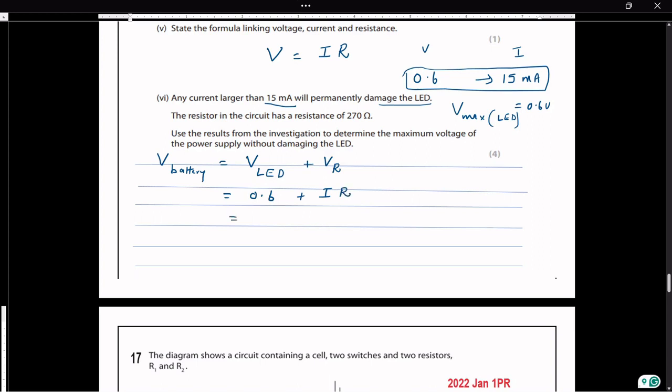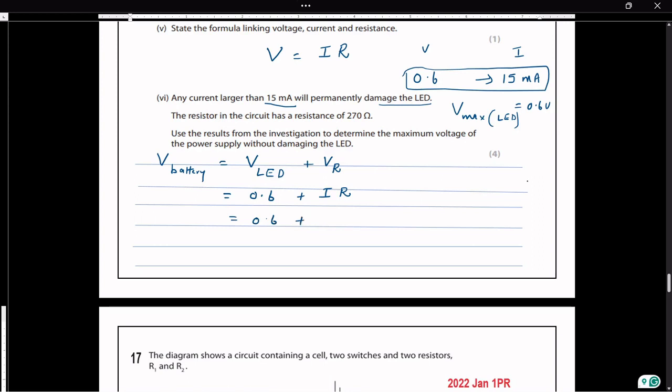So it is 0.6 plus the current, which we have already seen is 0.015, and the resistance value is 270. Please make use of your calculator to calculate the value.